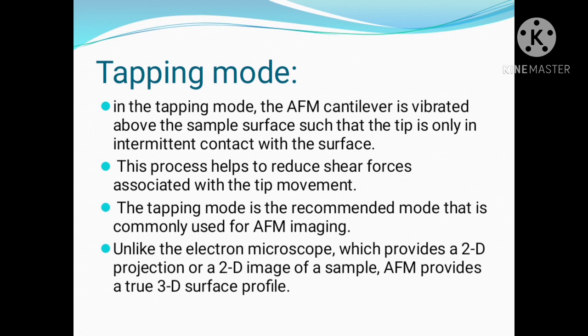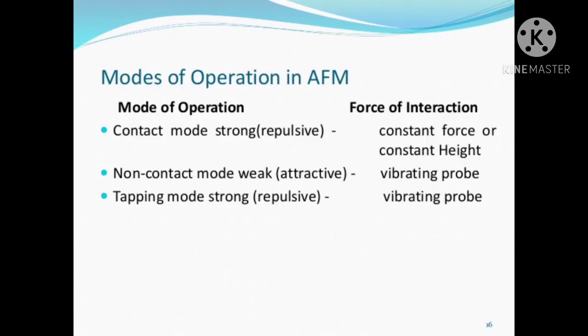Unlike the electron microscope, which provides a 2D projection or 2D image of the sample, AFM provides a true 3D surface profile. Here is a chart of modes of operation in AFM: contact mode, non-contact mode, and tapping mode. The force in contact mode is strong, repulsive, and in non-contact mode weak, attractive, and in tapping mode strong, repulsive.